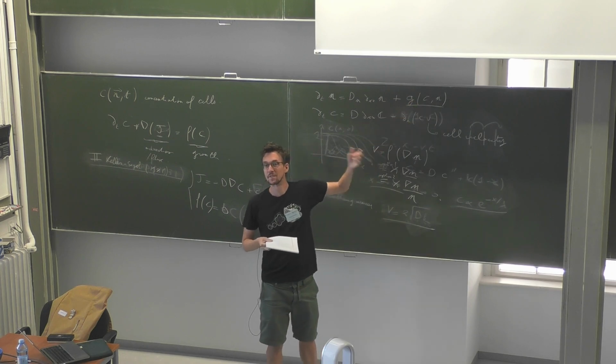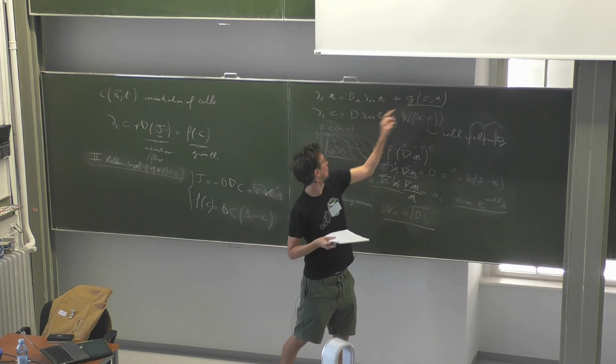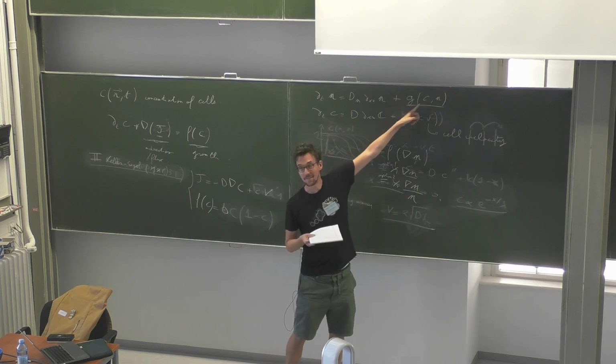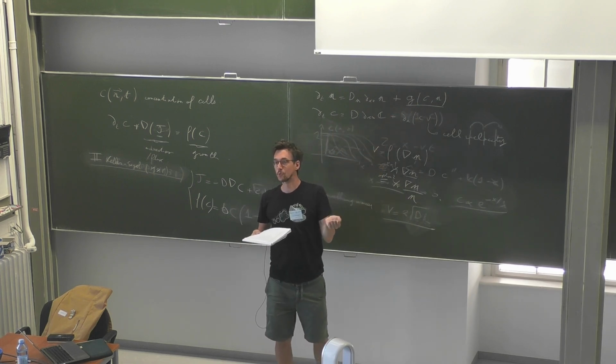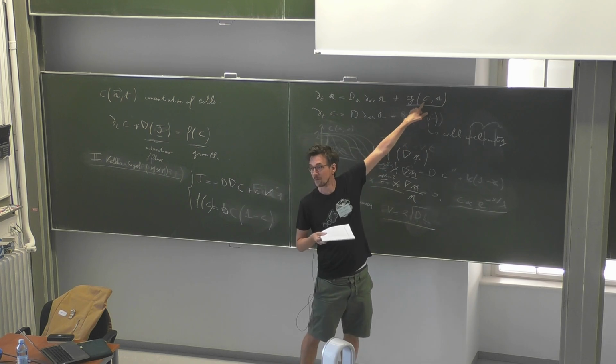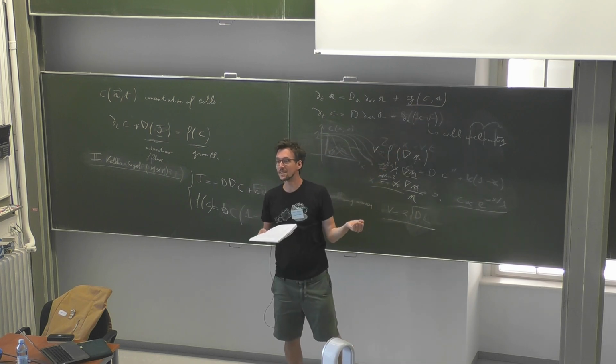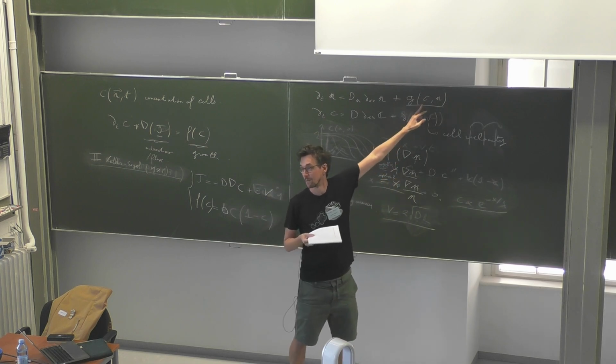You can say it's produced, it's degraded, but it also depends on the cell concentration. This is the idea that this chemoattractant can be either produced by cells, in the sense that there would be a positive term dependent on C, or degraded by cells, so that there would be a negative term dependent on C here.